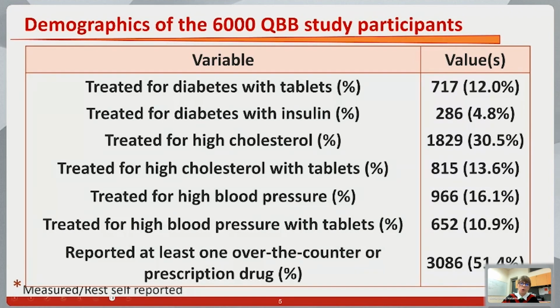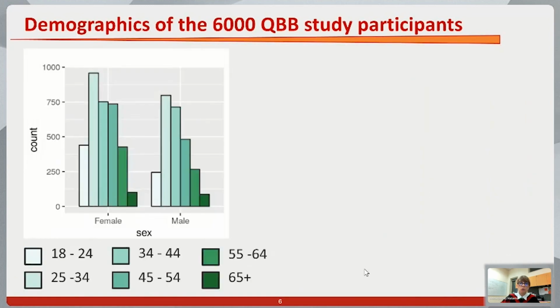Among all, when we looked at at least one over-the-counter or prescription drug which participants were taking, around 51% said that indeed they are on some medications. Here is the representation by sex, females and males, and their age. Again, our population is young, so the majority are individuals between 25 and 34 years.